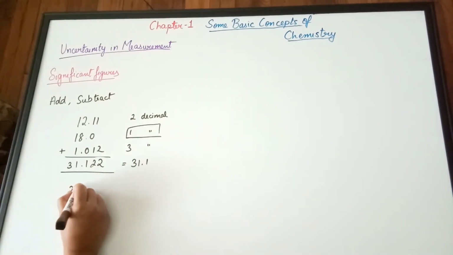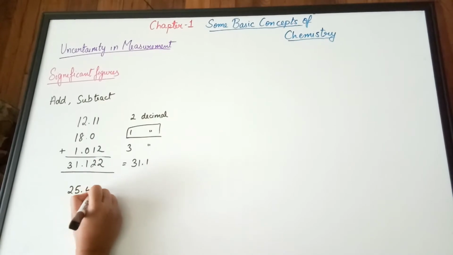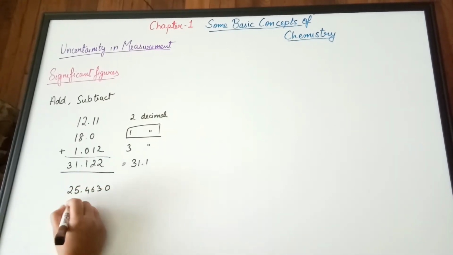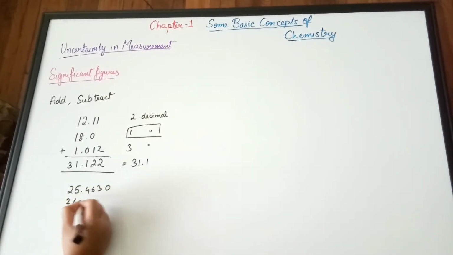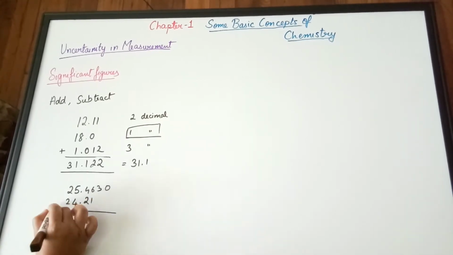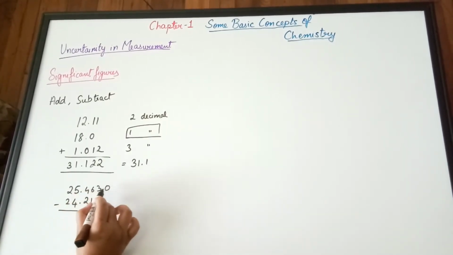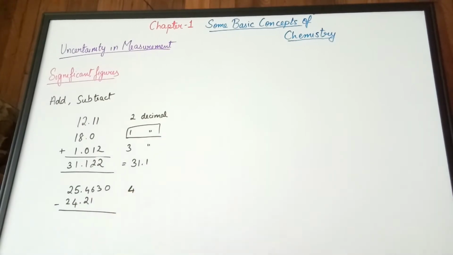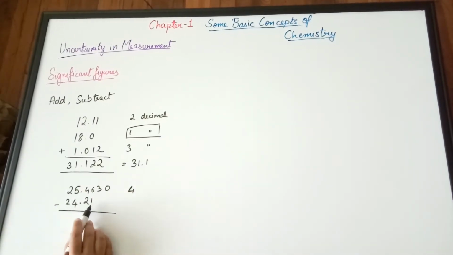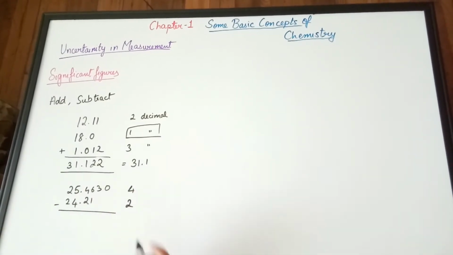The same rule is applicable for subtraction as well. So let's take 25.4630 and 24.21. This has 1, 2, 3 and 4 decimal places, whereas this number has only 2 decimal places.